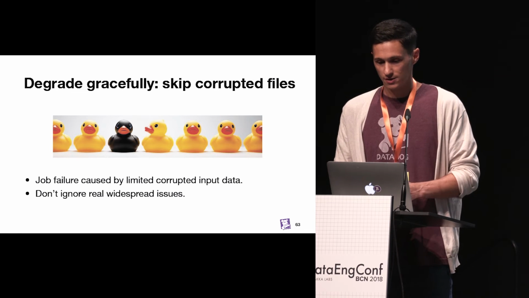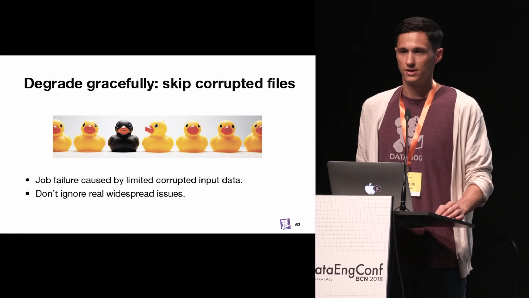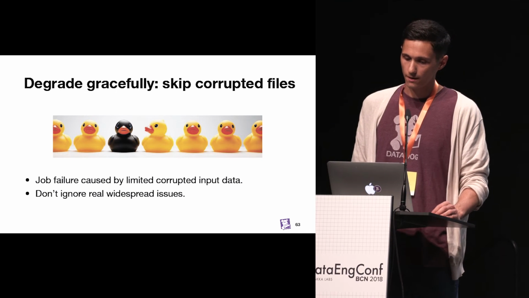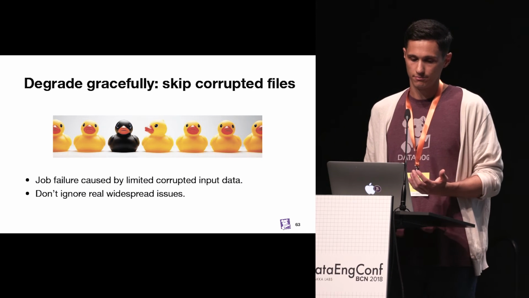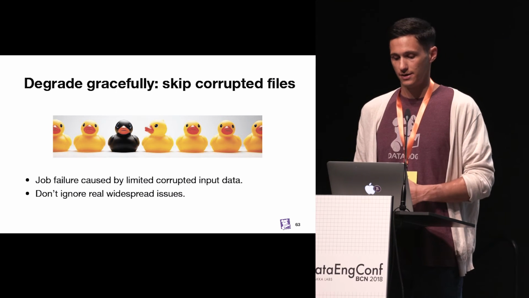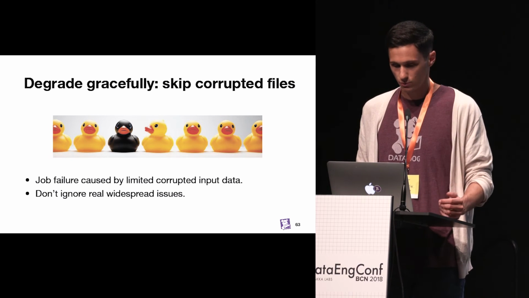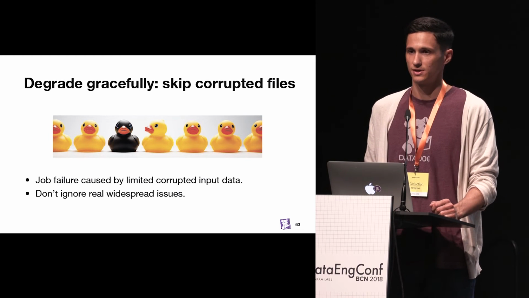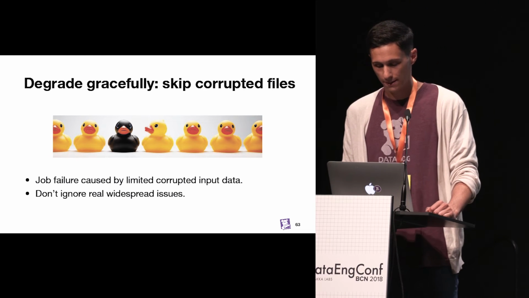So we added a parameter in our jobs that lets us skip corrupted files. That way we can let the job run, then investigate why there are some corrupted files, and rerun the job once we know what the issue is and once it's fixed.